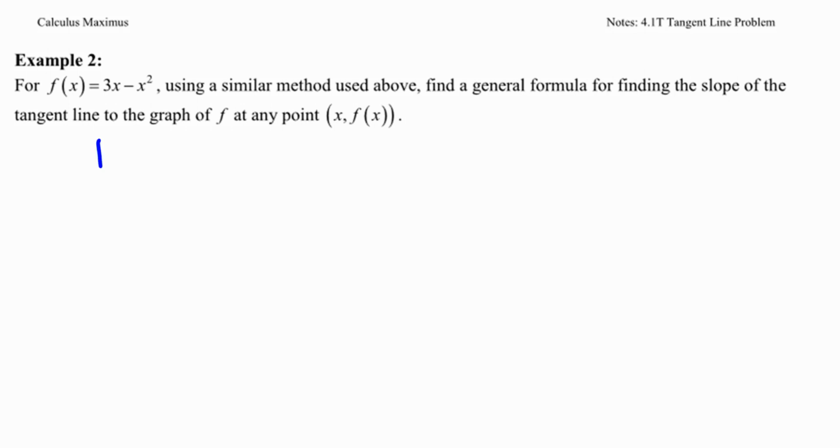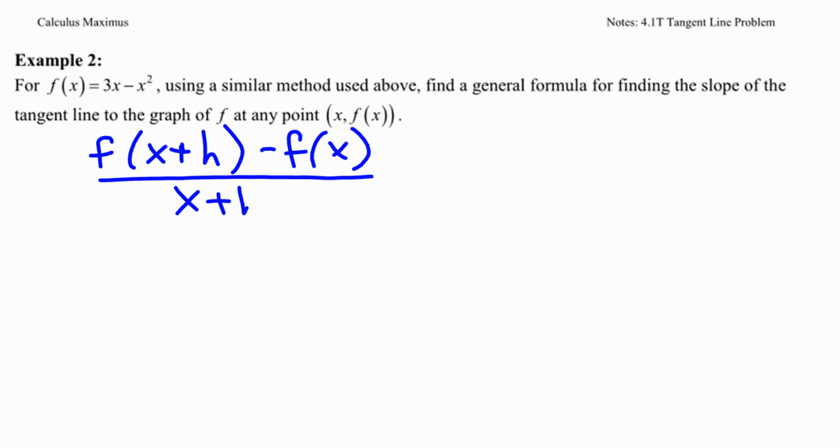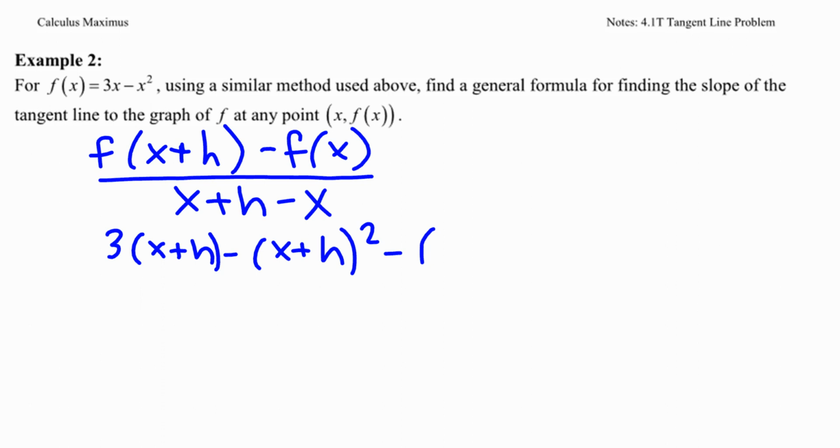Okay, so f of x plus h, any value x, minus f of x, all over x plus h minus x. So we have 3 times x plus h minus x plus h squared minus 3x minus x squared.